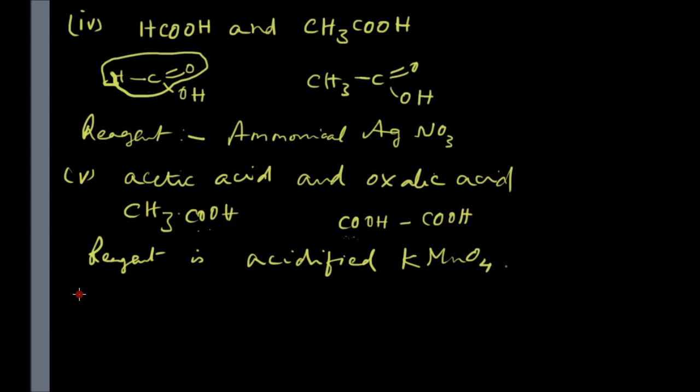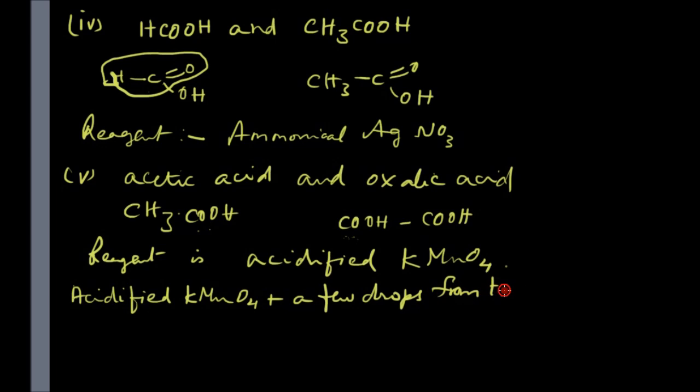So we will write the answer as acidified KMnO4 plus a few drops from test tube A. What would be the reaction? Acetic acid is not going to give you any reaction, so we can write no change, or no decolorization also you can write.